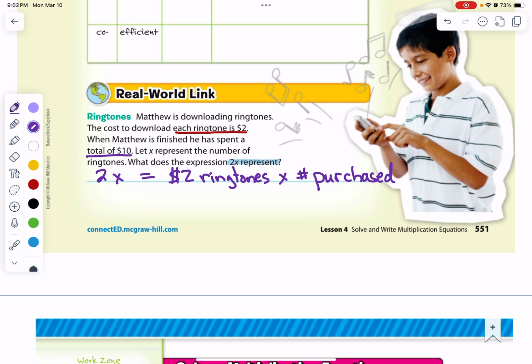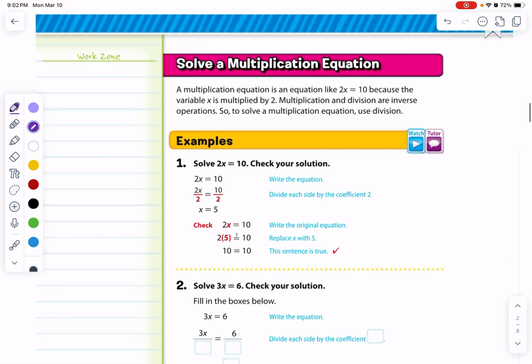And of course, we know that's 5 because 2x equals 10. So 2 times what equals $10? 5. All right, moving on.